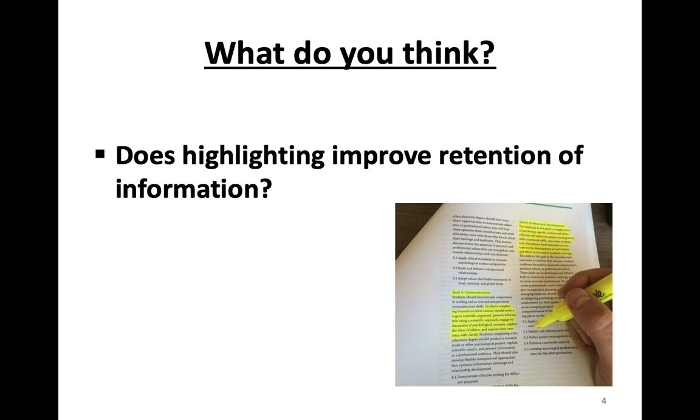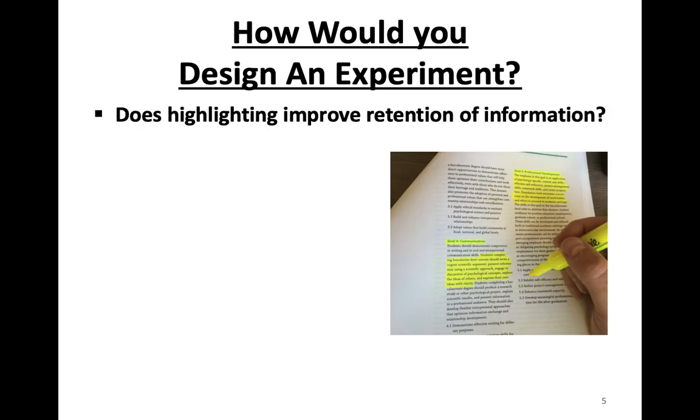So a research psychologist or educational psychologist or a cognitive psychologist might be interested in actually studying this question. So how do we go about doing that? Well, one way that we can do that is to design an experiment. And our experiment would need to have certain features.